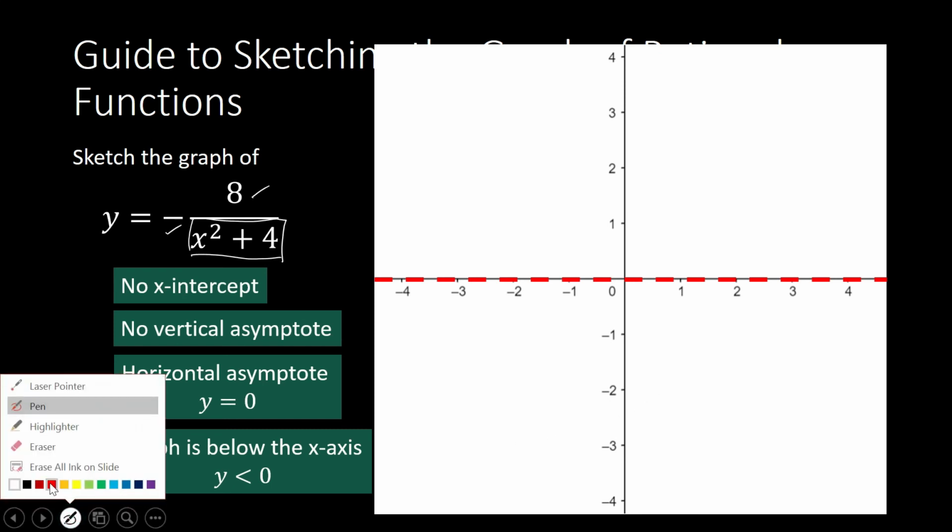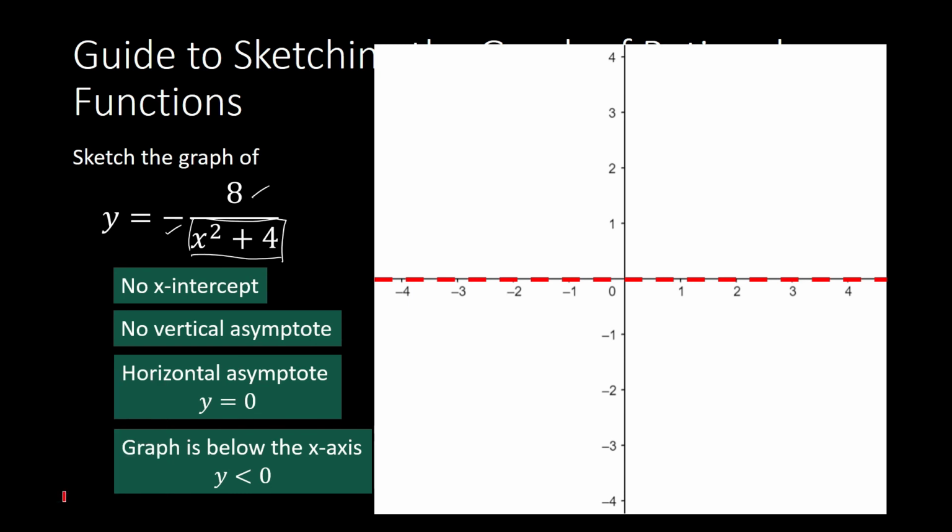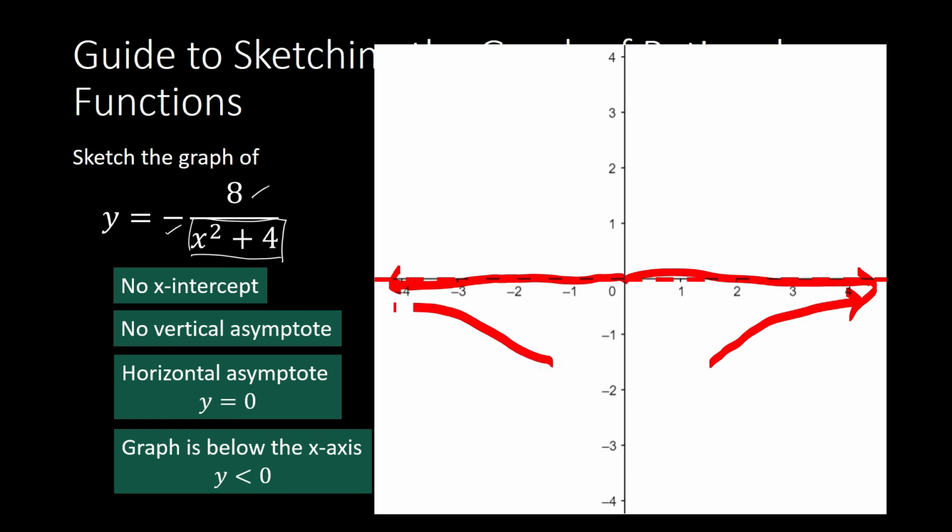So as x approaches infinity, your function will approach the horizontal asymptote. But you will begin below the horizontal axis because your function is always negative. As x approaches negative infinity, your function also approaches the horizontal asymptote.